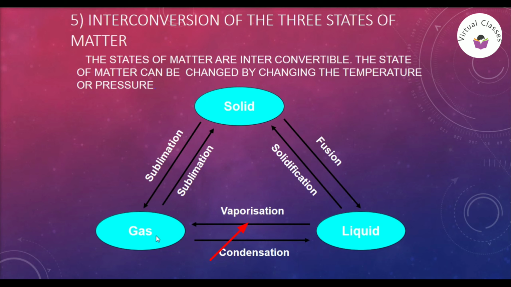The process of converting gas to solid is called sublimation, and in reverse of that, the process of converting solid to gas is also called sublimation. Now, the process of converting gas to liquid is called condensation, while the process of converting liquid to solid is called solidification. So that's all for today.